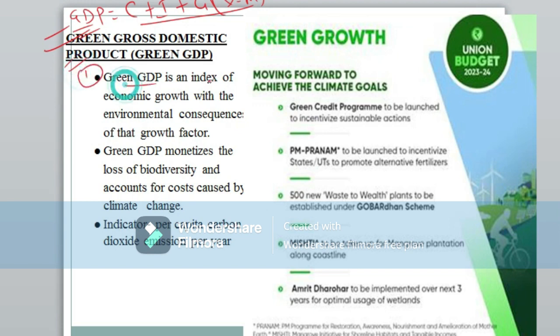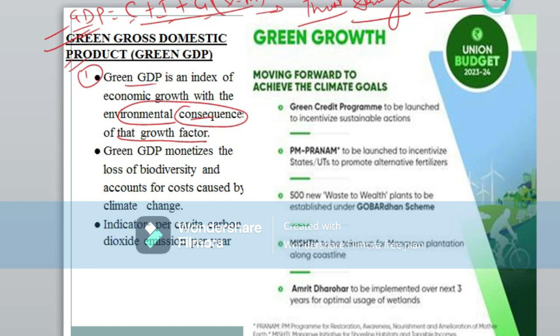So green GDP is an index of economic growth in which the environmental consequences of growth are considered. If the economy is making consumption, investment and expenditures, how much threat to the environment has it made, how much damage has it led to the environment.